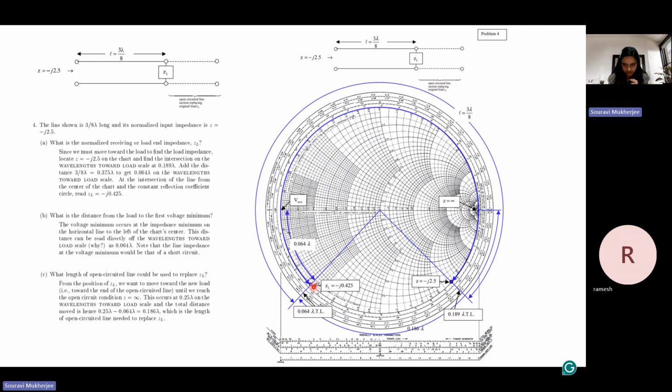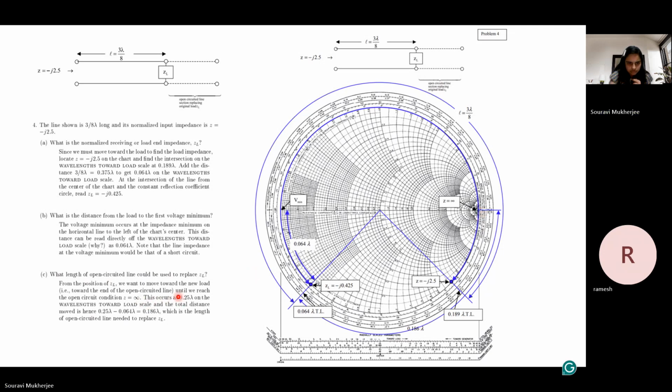For this, from the position of ZL we want to move towards the end of the open circuit line, which is this point. You are here, you want to go here. How much should the length be?